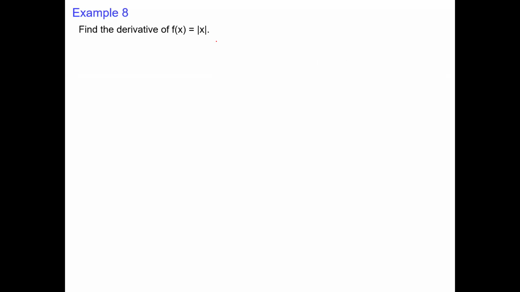Now, let's start with this exercise. I believe we did a similar exercise, but let's find the derivative of the absolute value of x. First of all, we can state the domain. The domain of absolute value of x is all of the real numbers. We also know the graph of absolute value of x based on the definition.